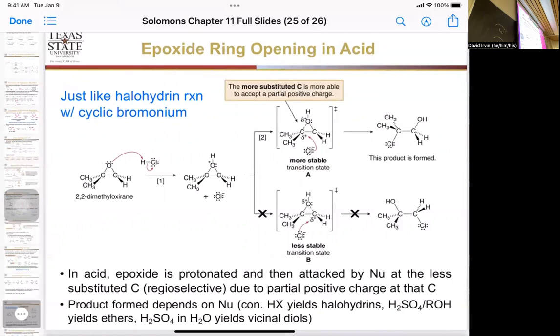It's going to dump electron density up to that oxygen that has the positive charge. And we have the possibility of forming a partially positive charge on a tertiary carbon or a partially positive charge on a primary carbon. So where is it going to go? The tertiary carbon. Our nucleophile is going to attack our tertiary carbon, leading to our primary alcohol.